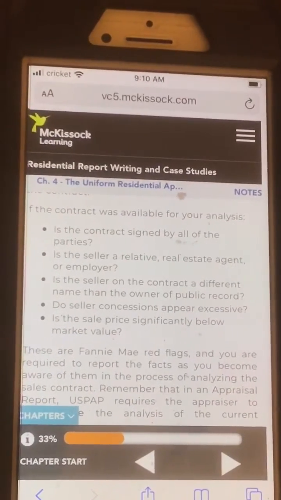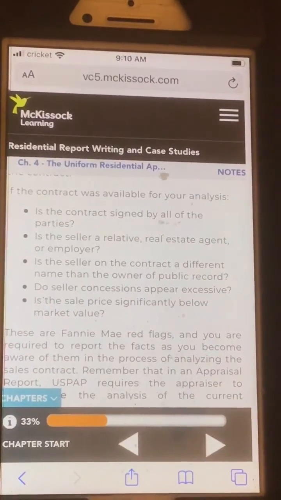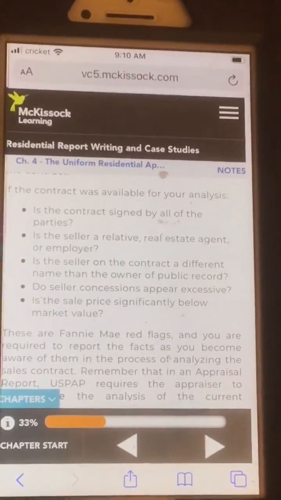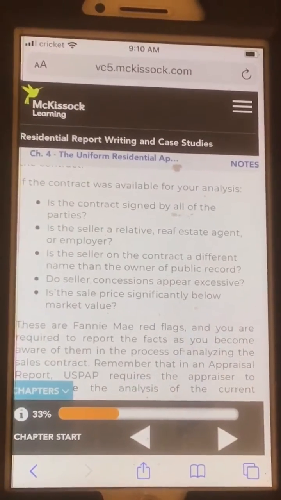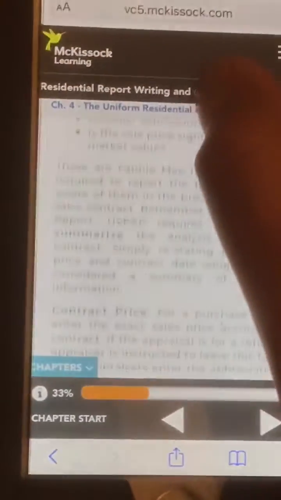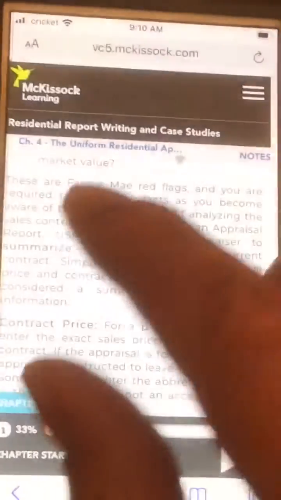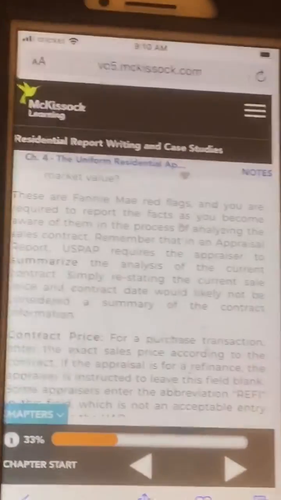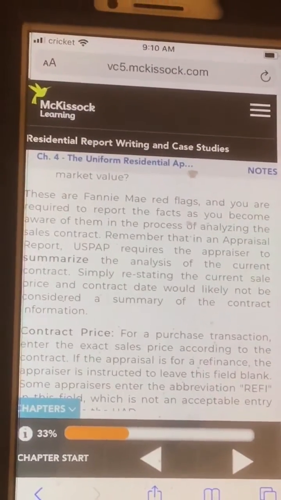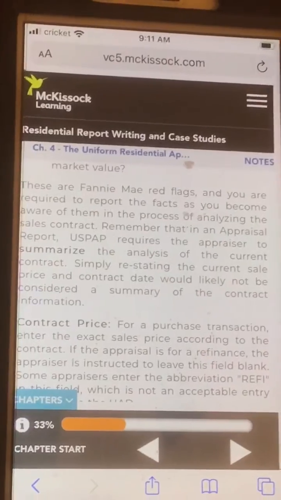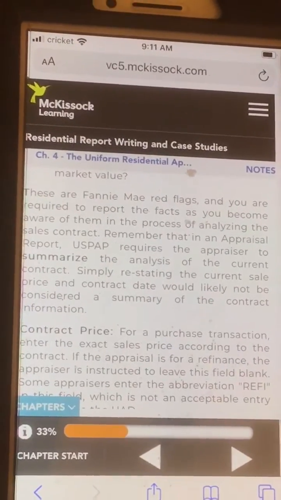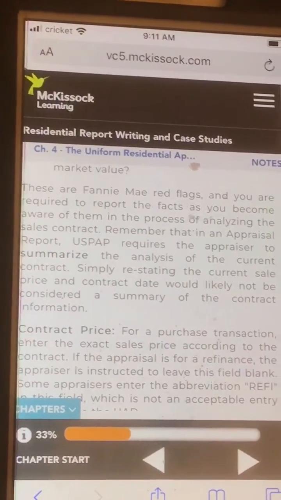Do seller concessions appear excessive? Is the sale price significantly below market value? These are Fannie Mae red flags, and you are required to report the facts as you become aware of them in the process of analyzing the sales contract.